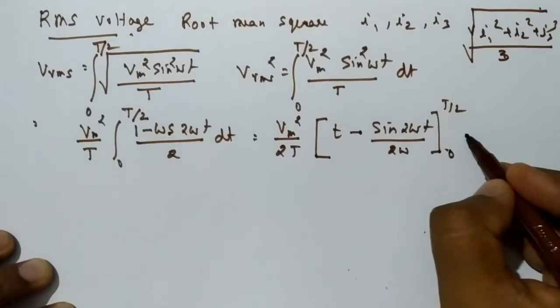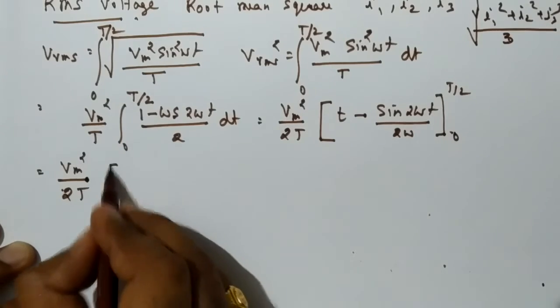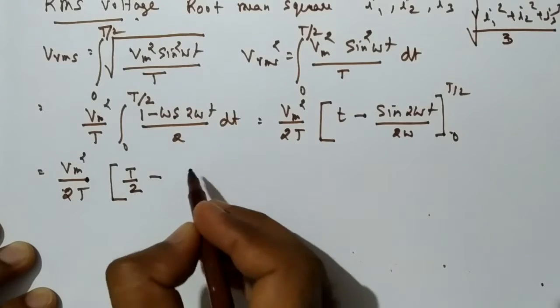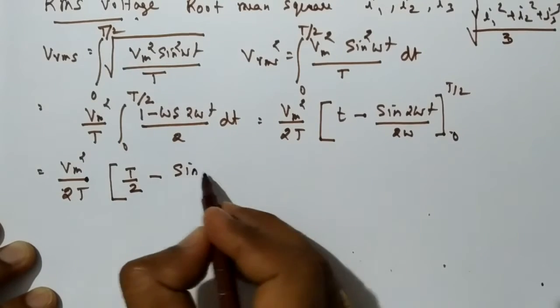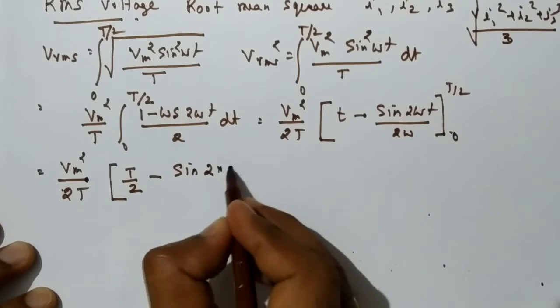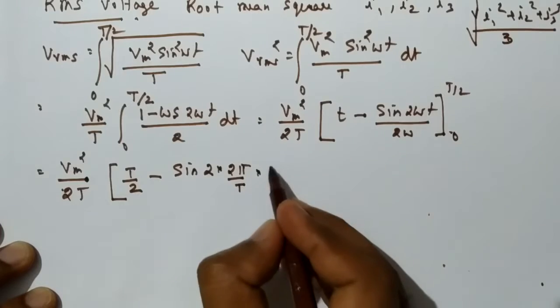Now this is equal to Vm square divided by 2T into, now apply the limit, upper limit first, that is T by 2 minus sine 2, what is omega? Omega is again 2 pi by T, into this T, that is equal to T by 2.